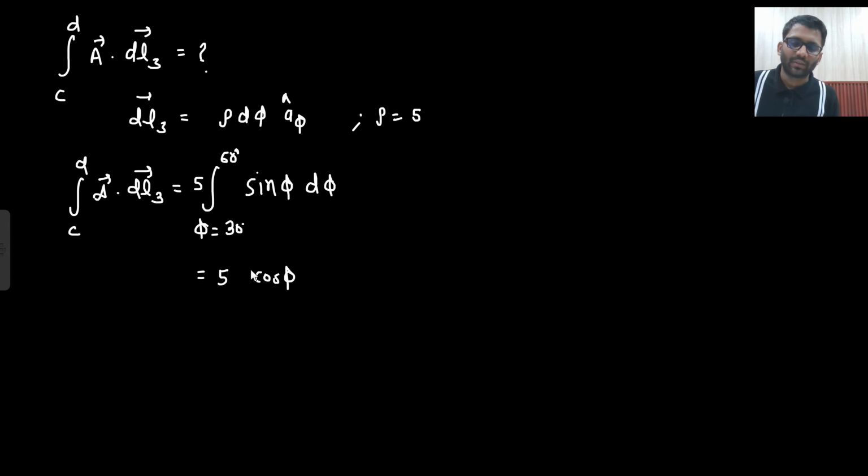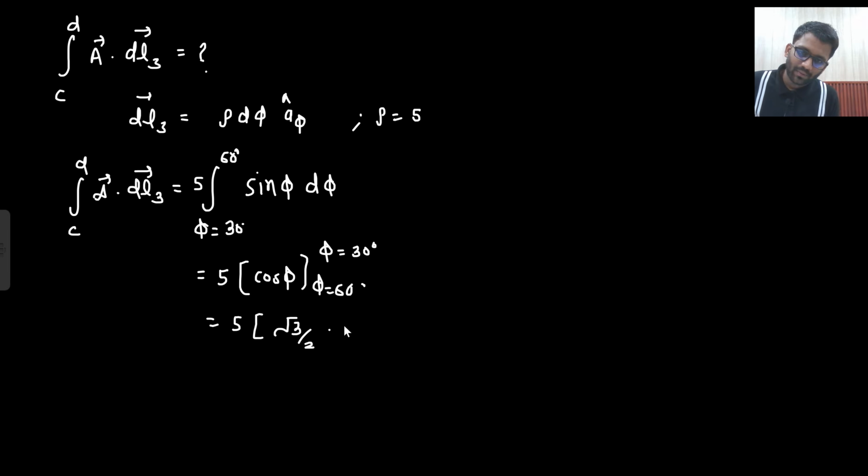Integration of sine is minus cos phi, but I will change the limit, 60 to 30 degree. So 5 cos 30. What is cos 30? Root 3 by 2 minus 1 by 2. 5 by 2. This time I did it correctly. Yes, root 3 minus 1.